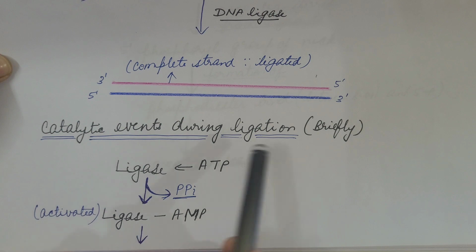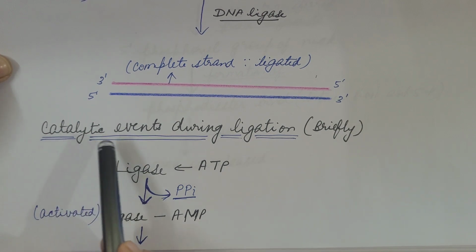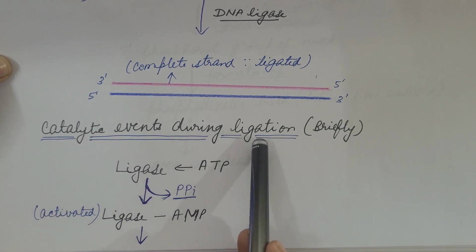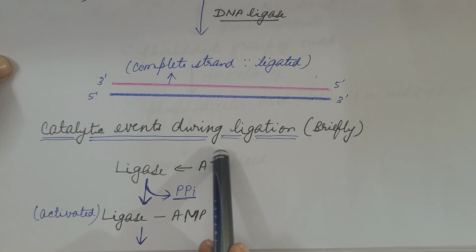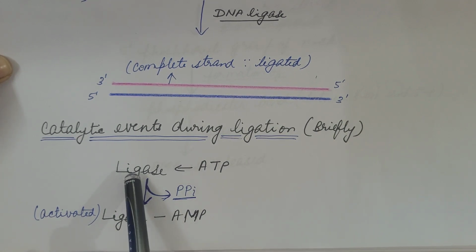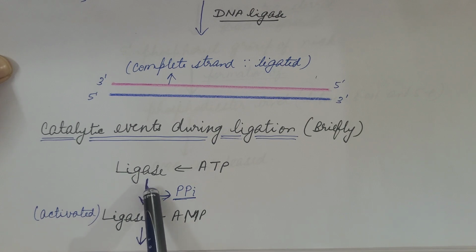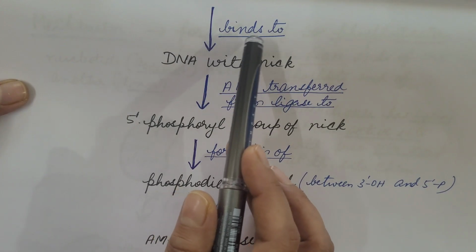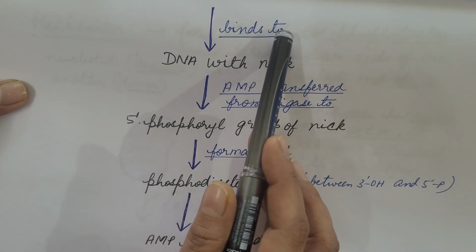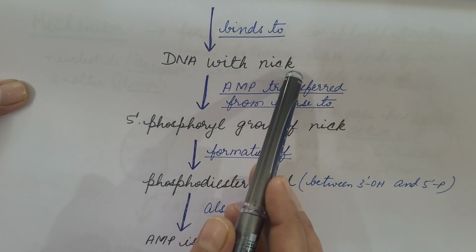So let us discuss in brief the catalytic events that occur during ligation. ATP comes and binds with the ligase enzyme. Then pyrophosphate is released and a covalent bond forms between ligase and AMP, adenosine monophosphate. Now the ligase enzyme is activated. This activated ligase enzyme then binds to DNA with a nick.